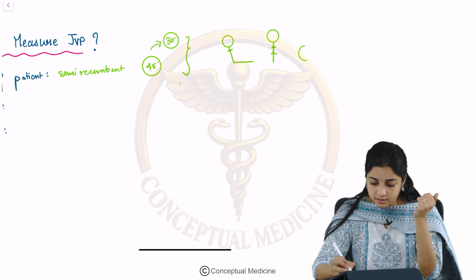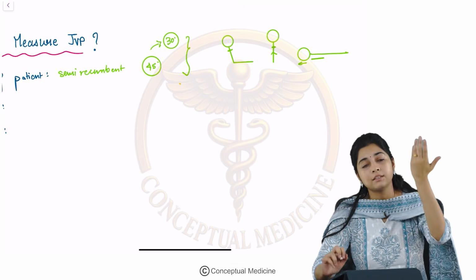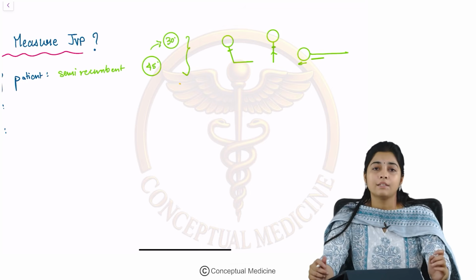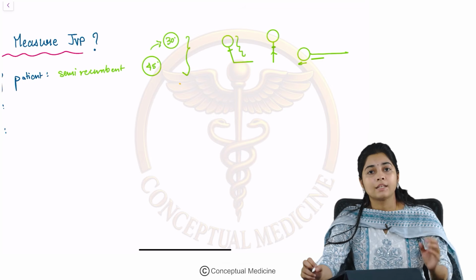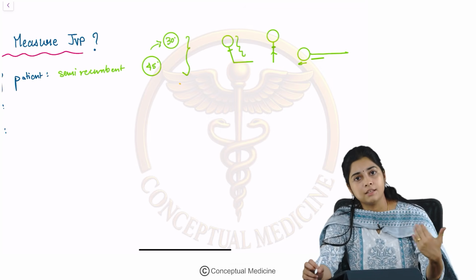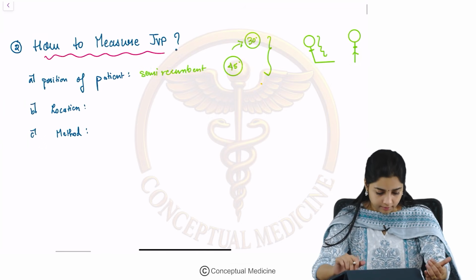And when the patient is lying down completely, the JVP column rises, and in fact it rises and goes even intracranially. That is the reason why we look at the JVP in the semi-recumbent position, at the 45 degree angle.